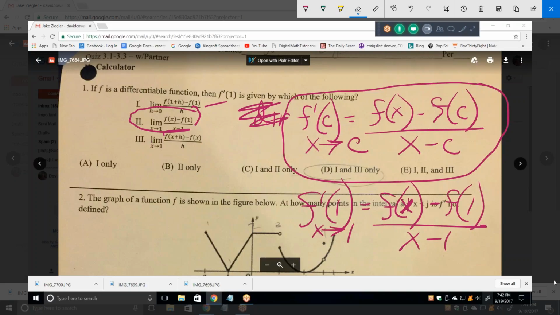That one fits that definition perfectly, right? It's f of x minus f of 1 all over x minus 1 as x approaches 1. The first one, that doesn't fit anybody's definition. 1 plus h.